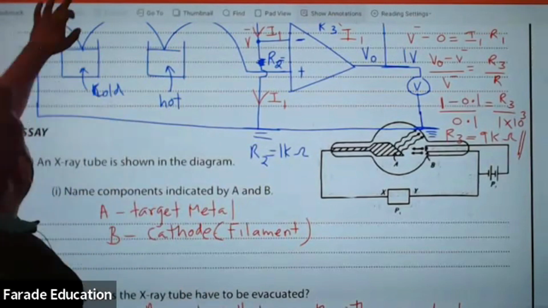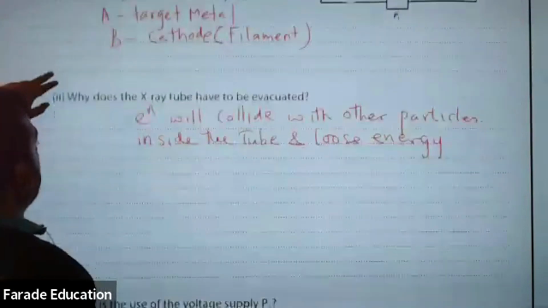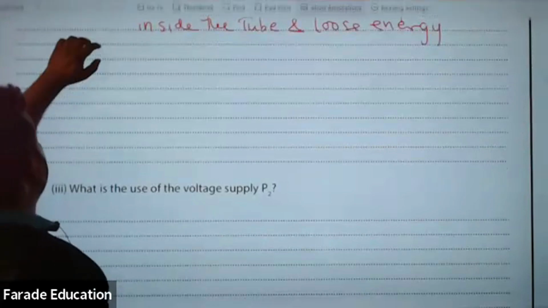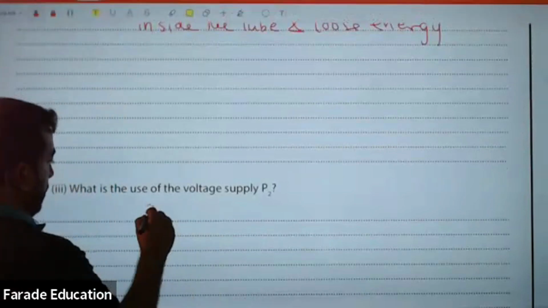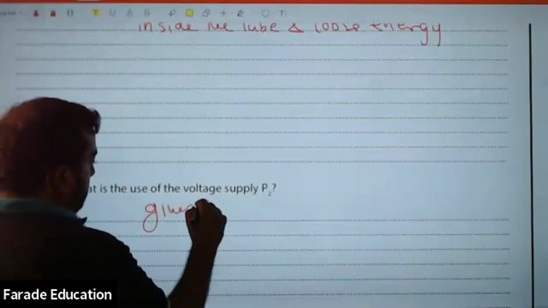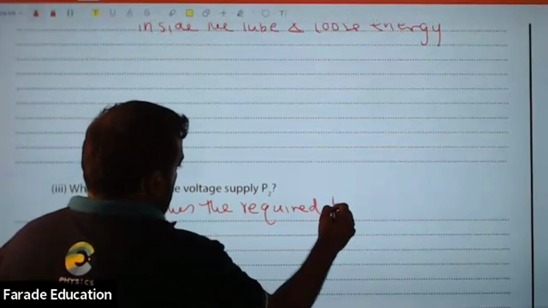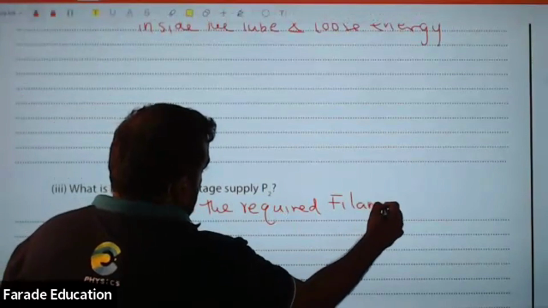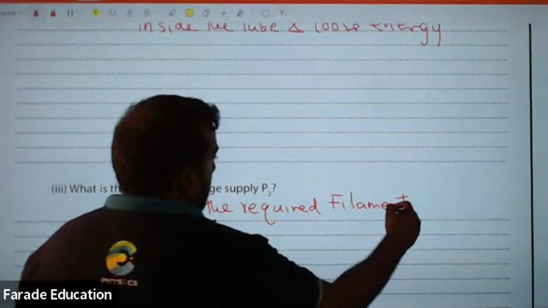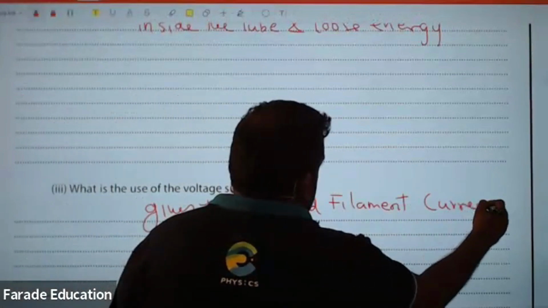So we can write here: it gives the required filament current.